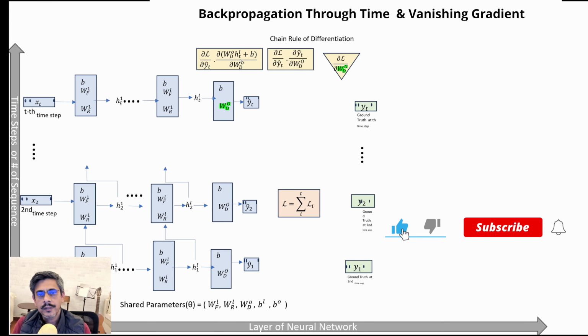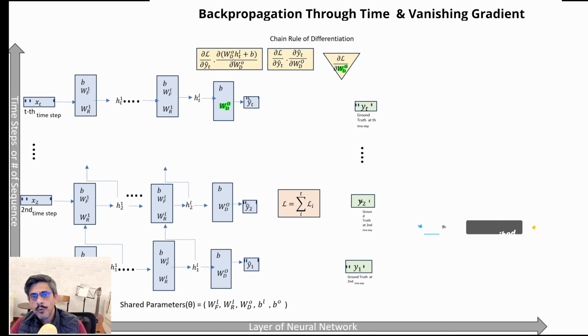So this can be differentiated with respect to WD, and then WD differentiated with respect to tau D will result in HT. We got that HT here. Now it has to be multiplied by the term dou L by dou YT. You can see these are the two values which we have during the loss calculation, right?